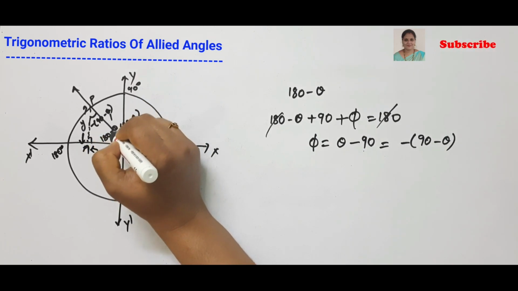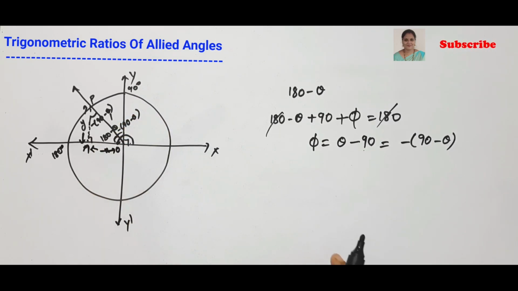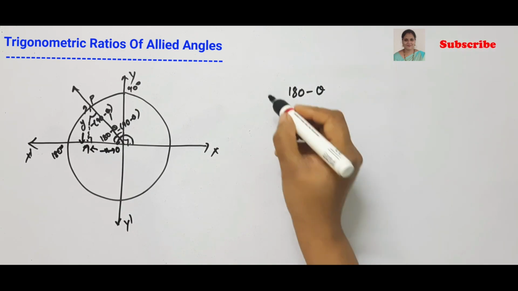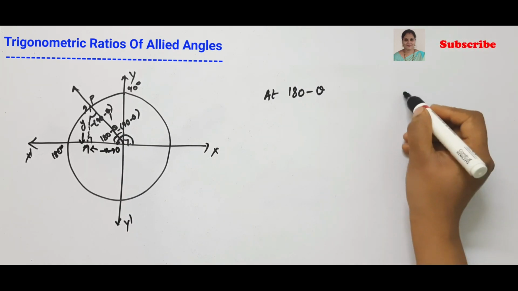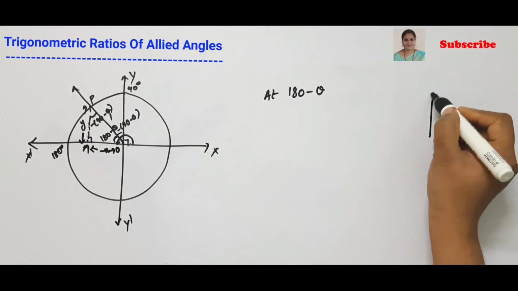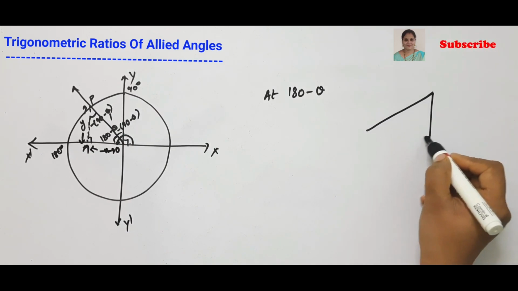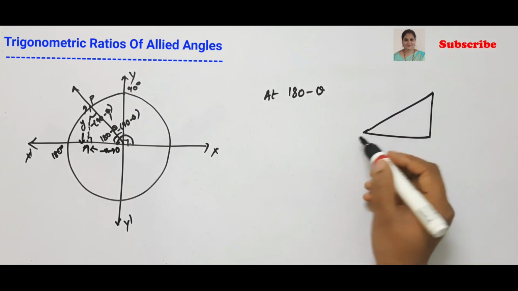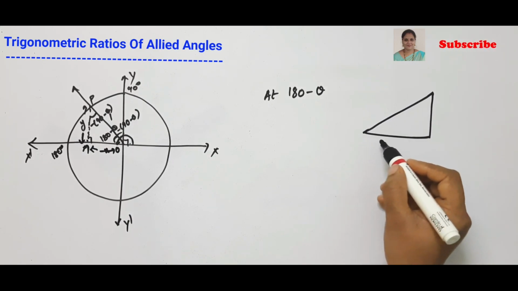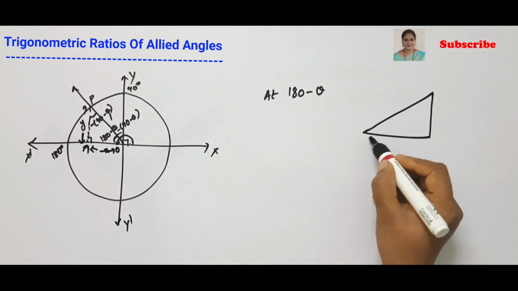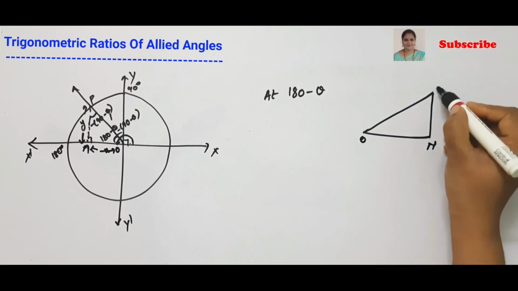We got three angles and the lengths of three sides. Then we can easily find the trigonometric ratios using this triangle, is it not? Now let us first draw the rough diagram of this triangle and get the trigonometric ratios. At 180 minus theta, the triangle we got is OMP.